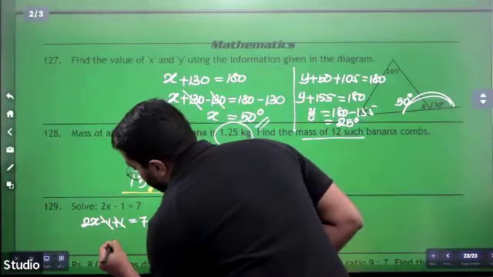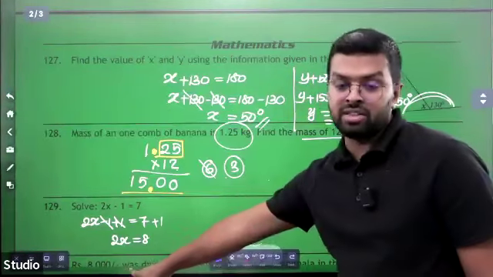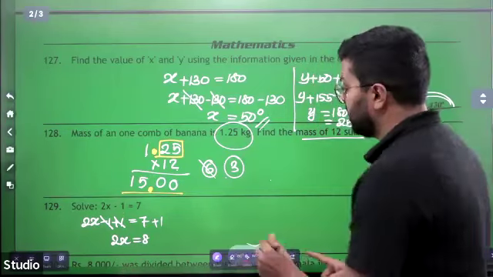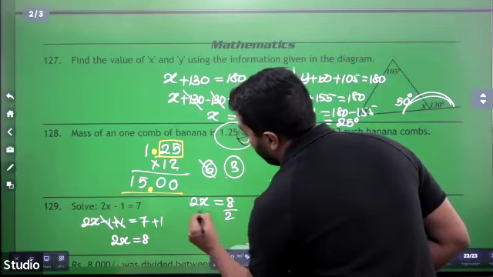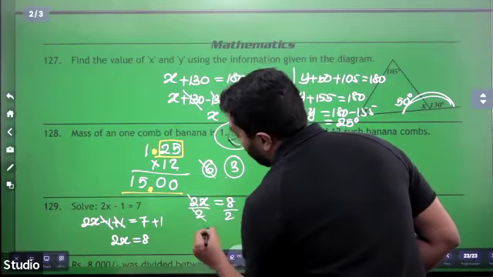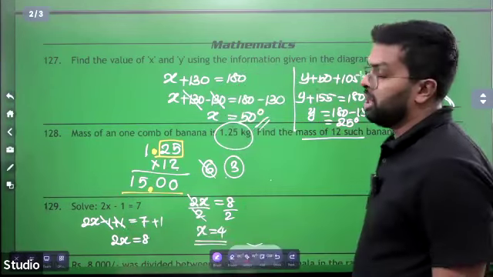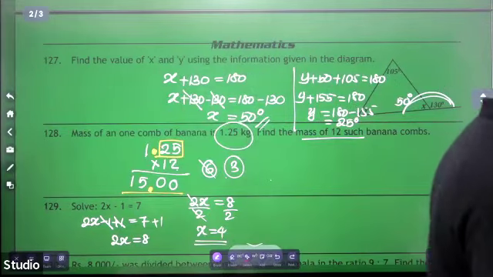Minus 1 plus 1 is 0, so 2x equals 8. To find the value of x, the next step is dividing both sides by 2. 2 divided by 2 is 1, so x equals 4. So here the answer is x equals 4.